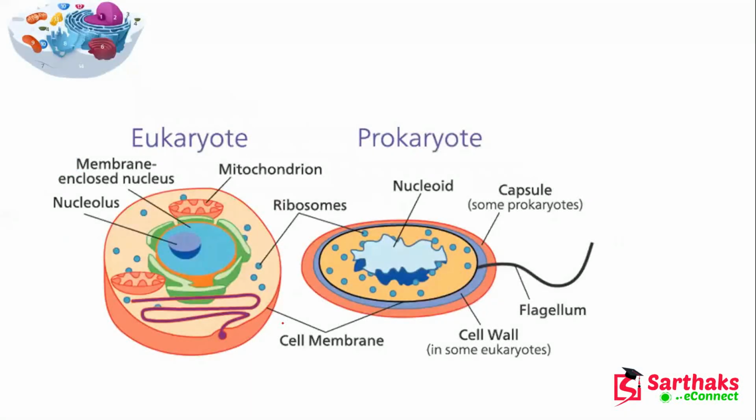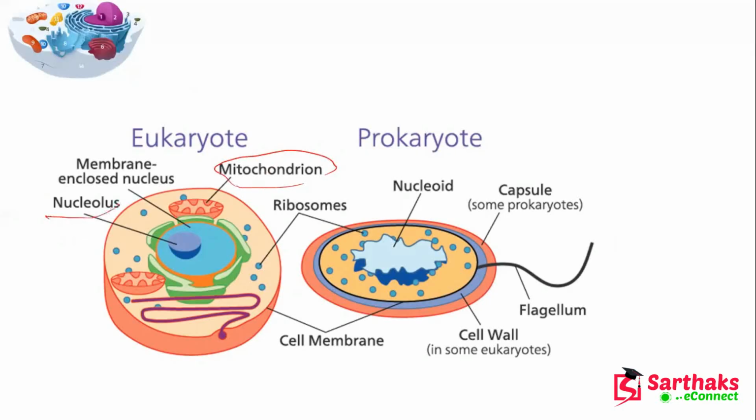Now these are the eukaryotic and prokaryotic cells. We are able to tell a lot of things regarding the eukaryotic and prokaryotic cell. Here you can see that in the prokaryote, mitochondria are absent and there is no nucleus.